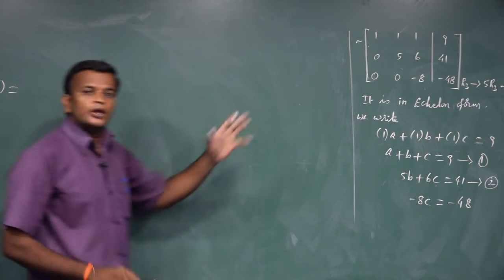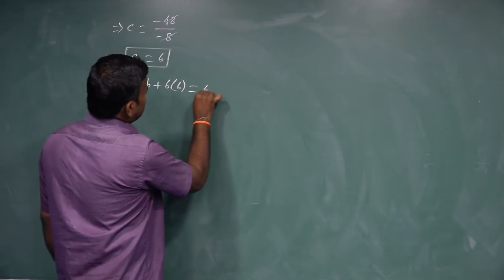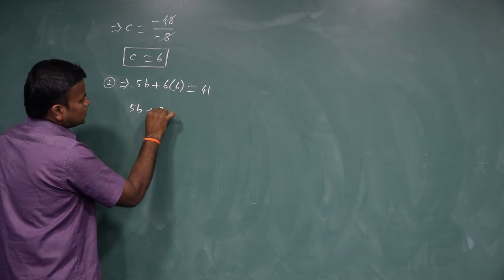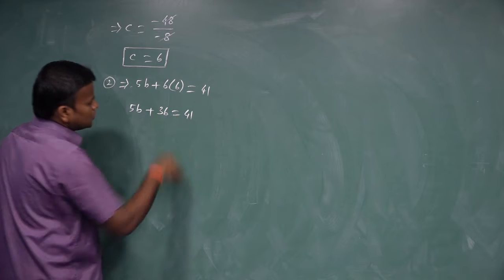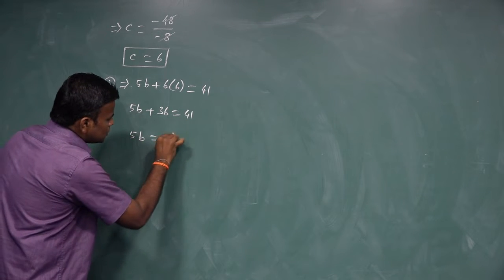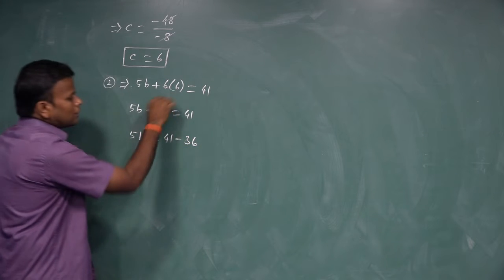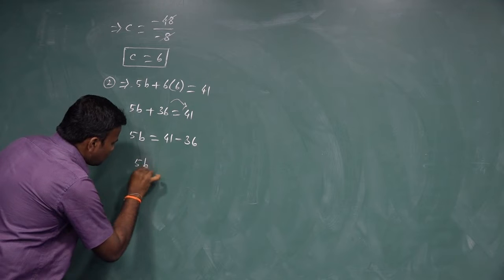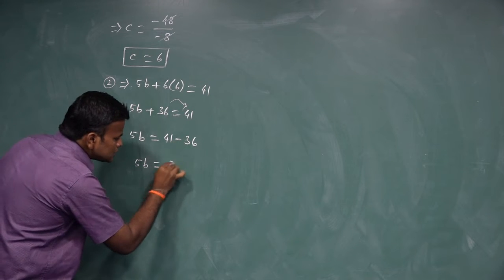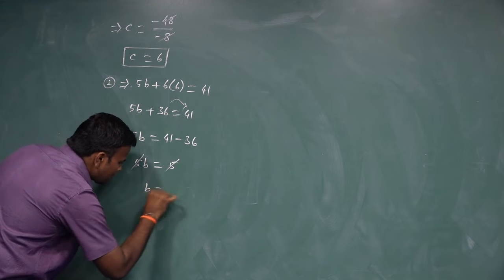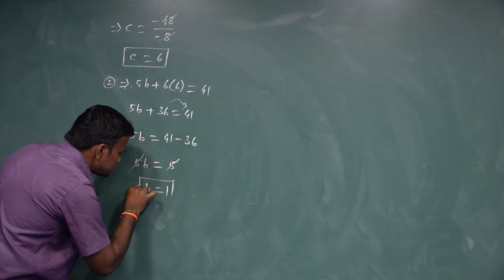So we use the value 41 here. 5B plus 6 6s are 36 is equal to 41. 5B is equal to 41 minus 36, since 36 moves to that side with minus. 5B is equal to 5. Exactly we cancel.